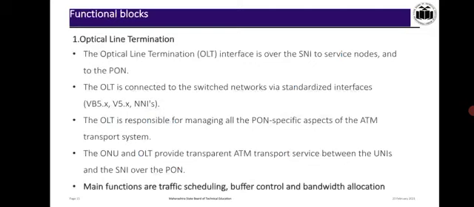The OLT is responsible for managing all the PON specific aspects of the ATM transport systems. The ONU and OLT provide the transparent ATM transport service between the UNI and SNI over the PON. The main functions of the OLT are traffic scheduling, buffer control and bandwidth allocation.